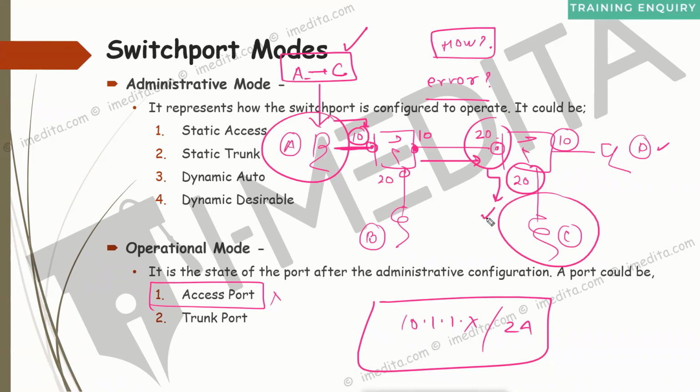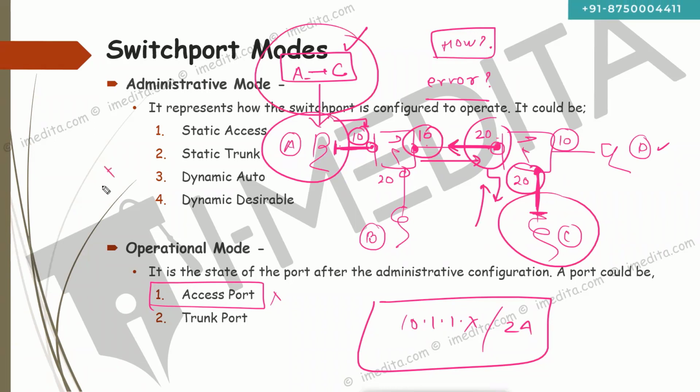And of course, when the reply comes, traffic will be received onto this port, belongs to VLAN 20, exit out of this port because it belongs to the same VLAN, received onto this port, which belongs to VLAN 10, and it will be sent out of the port that belongs to VLAN 10. So the communication will happen from the user in VLAN 10 with the user in VLAN 20.